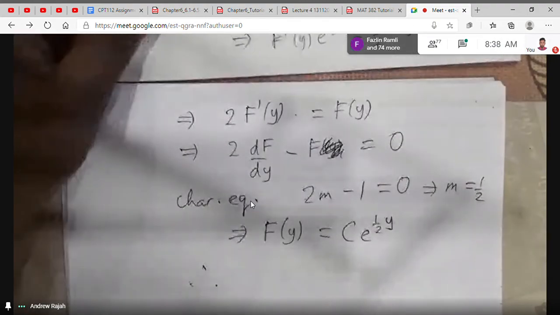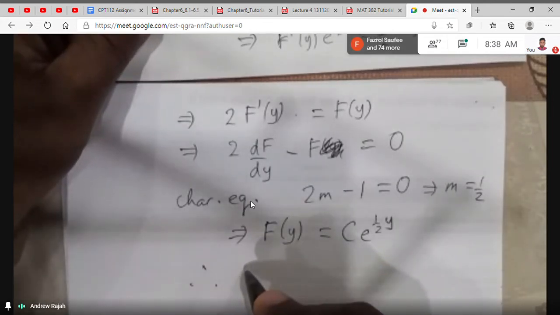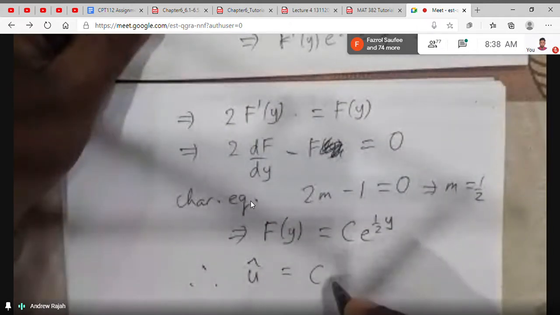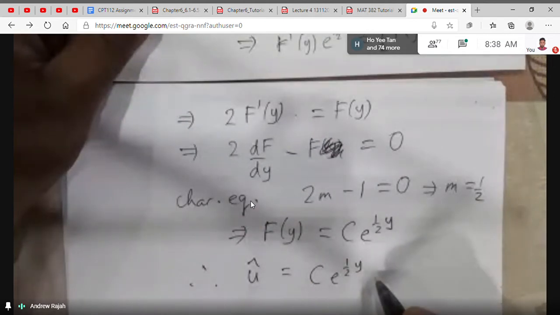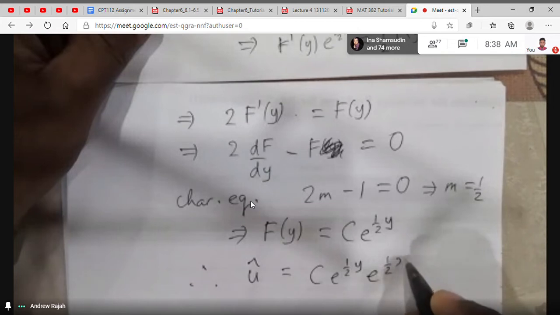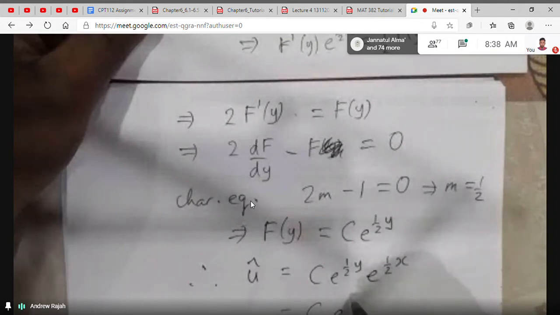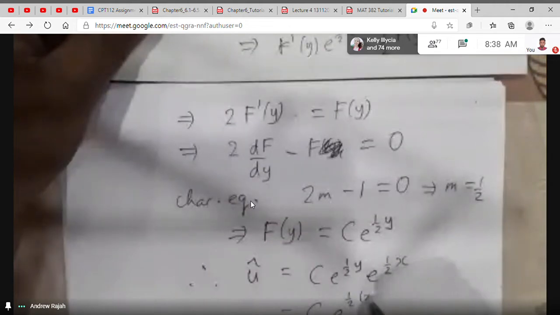Therefore, u hat equals to c e to the power of half y times by e to the power of half x equals to c e power of half x plus y. X plus Y, sorry.